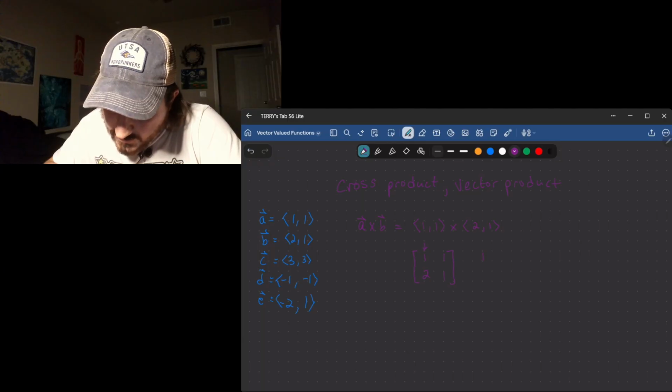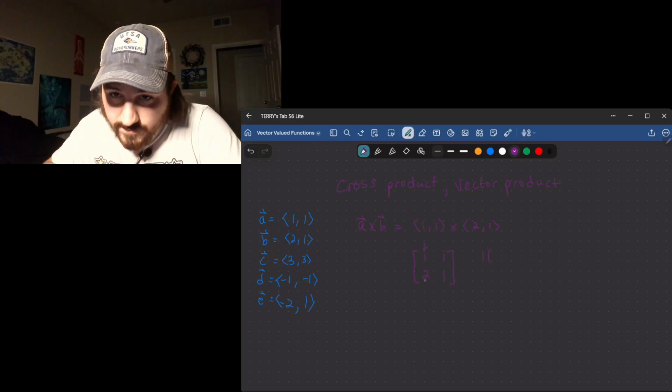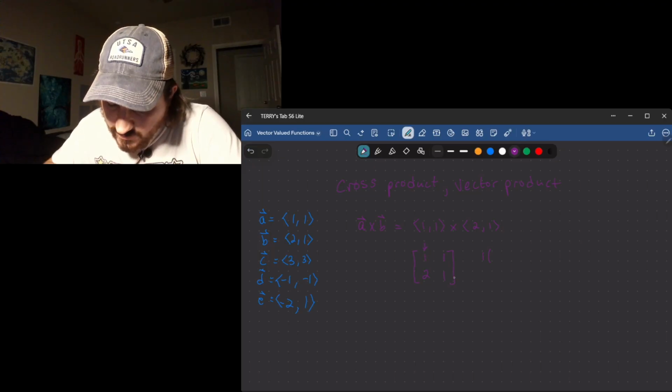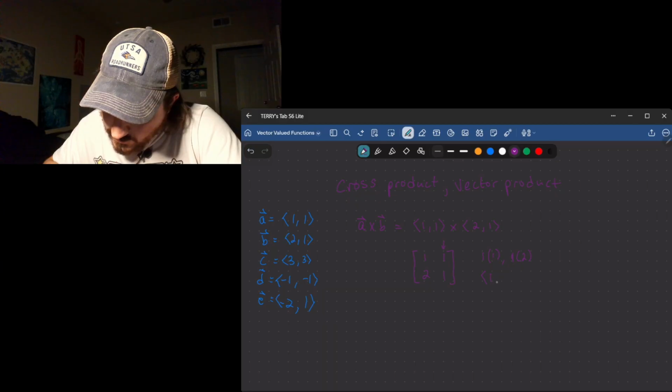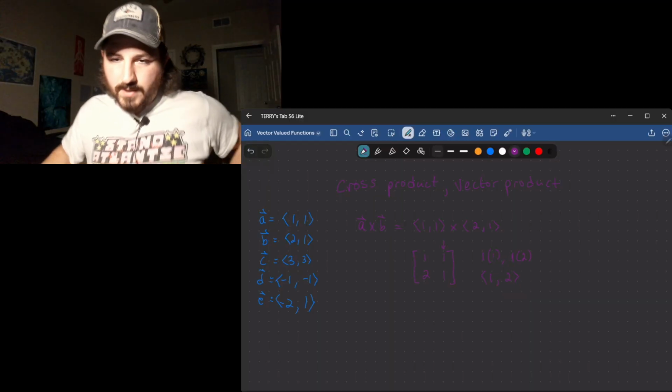So you've got 1 times, well, these aren't going to be evaluated when you're evaluating this coefficient, so we just get 1. And that's our x component. And then we're going to evaluate our other component here. So this one and this one won't be evaluated, so we'll get 1, which is the coefficient, times 2. Okay? So that leaves us with 1 times 1, which is just 1, and then comma, 1 times 2 is 2. Okay?